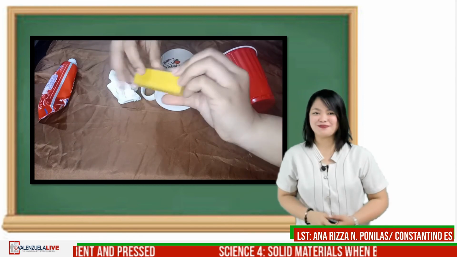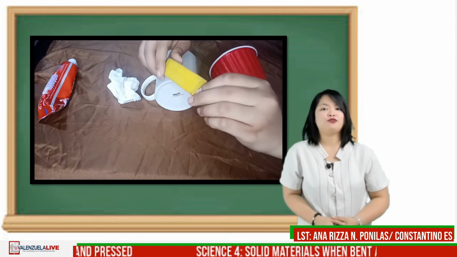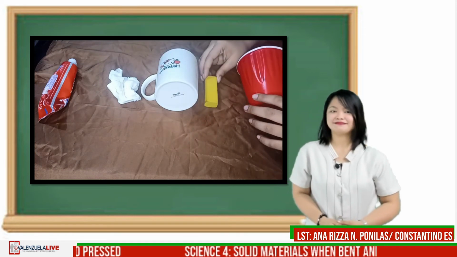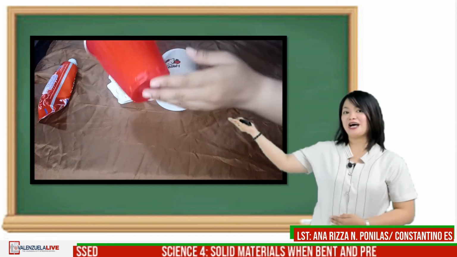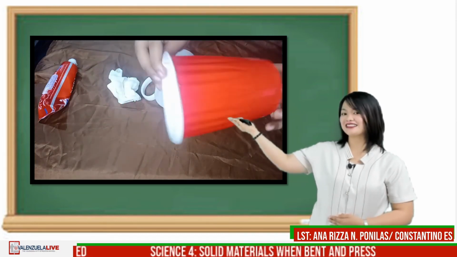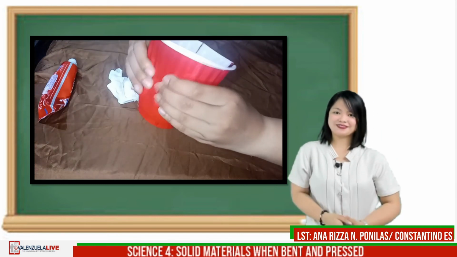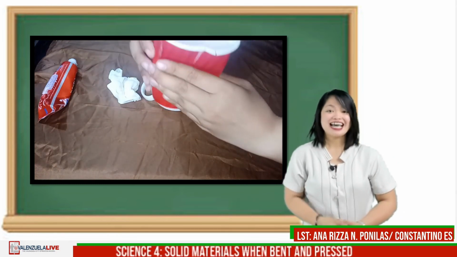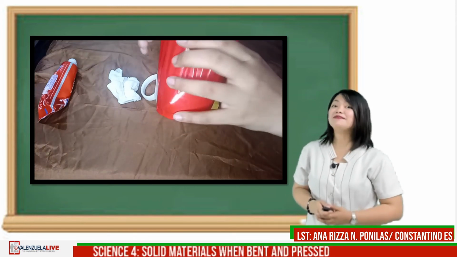No, it cannot be pressed because it is too hard and it is made up of wood. The last object is the plastic cup. Can it be pressed? Yes, it can be pressed because it is made up of thin plastic.